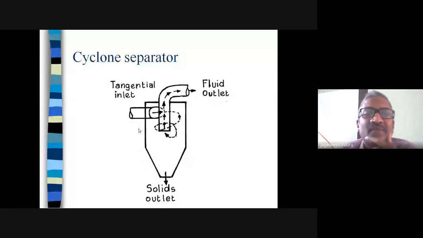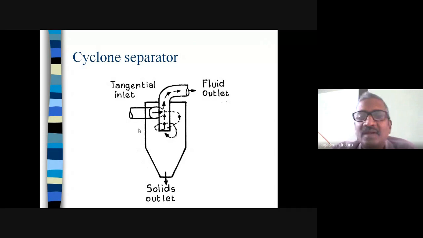So there are four major parts in the construction of the cyclone separator. One is the cylindrical vessel with the tapering at the bottom, the second is the tangential inlet, the third is the fluid outlet at the center, and at the bottom you have the solids outlet. These four parts are sufficient for this equipment.